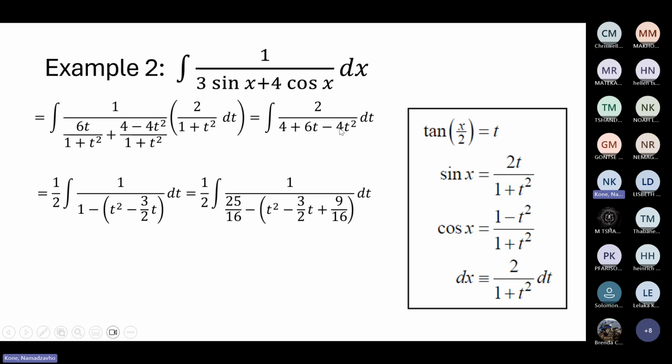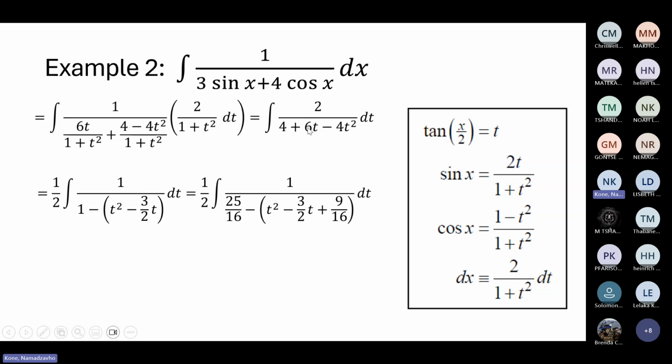This half is from the 4, which is a common factor from here, after it divides with the 2 that is there on top. What is left here is 1 plus 3t over 2 minus t squared. Now we want to complete the square. Now our t squared is negative. So we take the negative out as a common factor from this one.